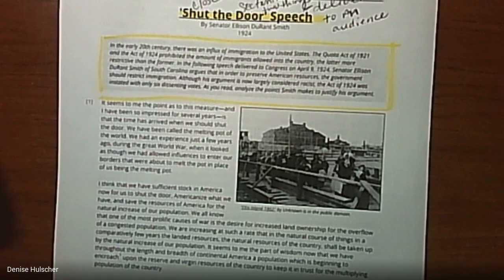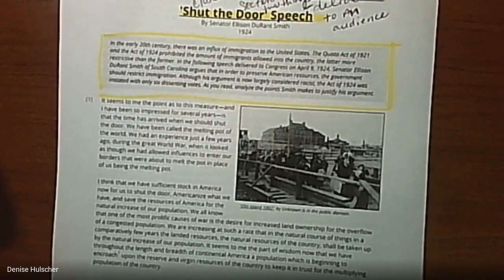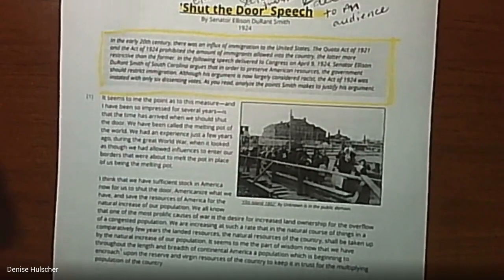Although his argument is now largely considered racist, the Act of 1924 was instated with only 6 dissenting votes. As you read, analyze the points Smith makes to justify his argument. So we have a little bit of background information about what Smith is going to tell us in his speech.